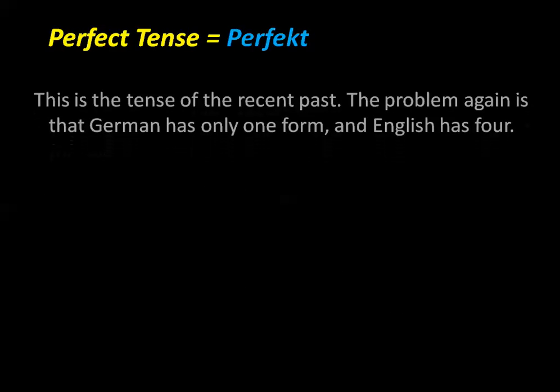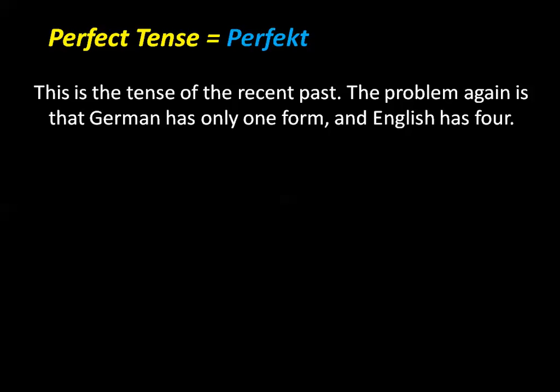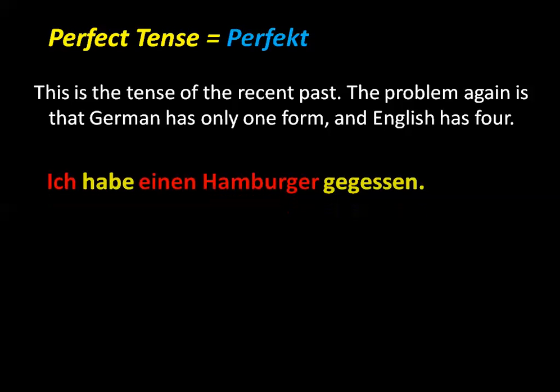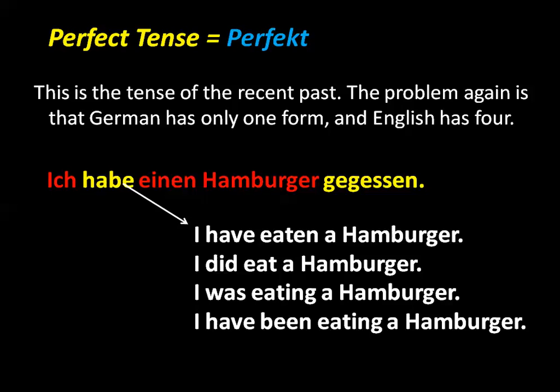Okay, the perfect tense, sometimes also, like I mentioned before, referred to in English as the present perfect. This is the tense of the recent past, and the problem again is that German has only one form, but English has four. So, for example, using our sentence in this tense, Ich habe einen Hamburger gegessen, you're going to have a helping verb in German and in English, have, and then in English and German you're going to have the past participle.